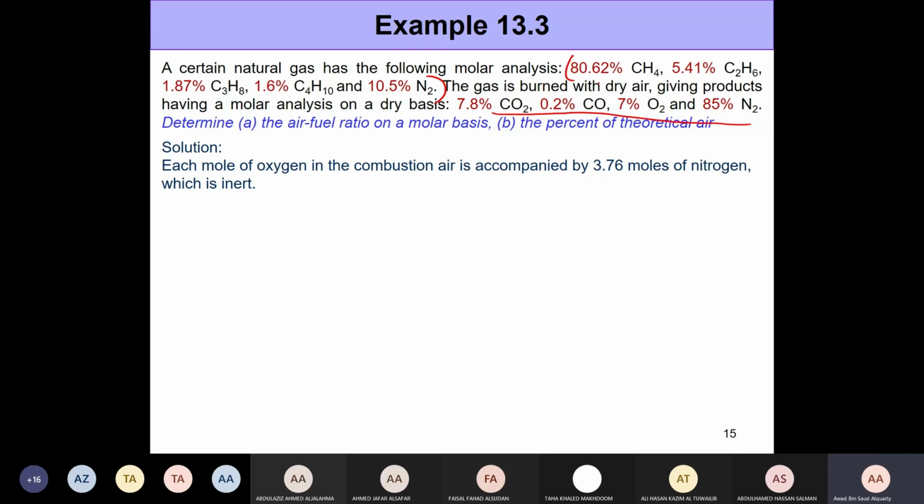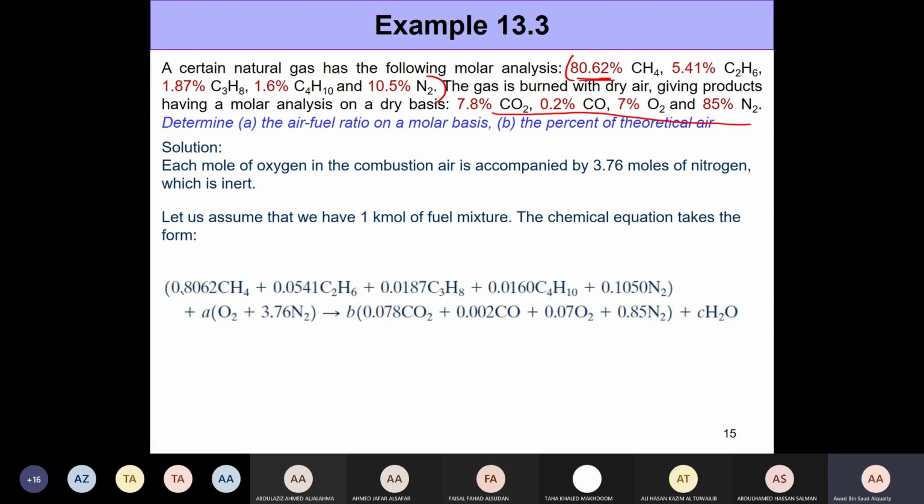So we can write this as 0.8062 CH4 plus 0.0541 C2H6 plus propane and so on, till nitrogen. This entire part right here is nothing but the fuel.